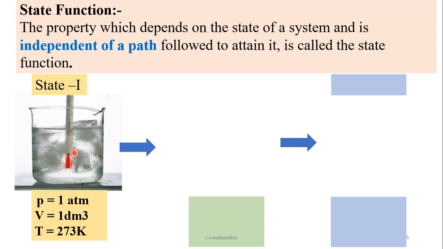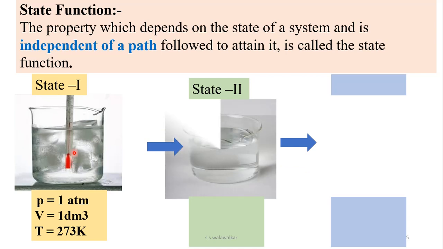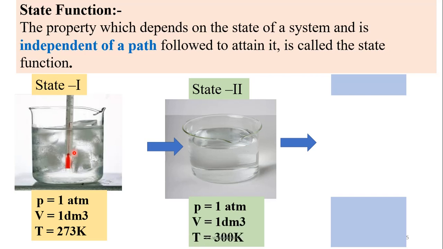When you change the temperature of this water, the state of the system changes. If you change the temperature from 273 to 300 Kelvin, then this solid form of water changes into liquid form. Temperature increases from 273 to 300 Kelvin, therefore the ice melts and gets converted into water.